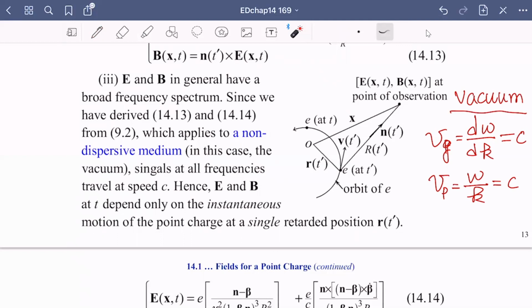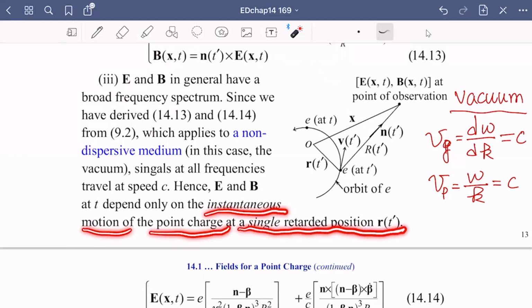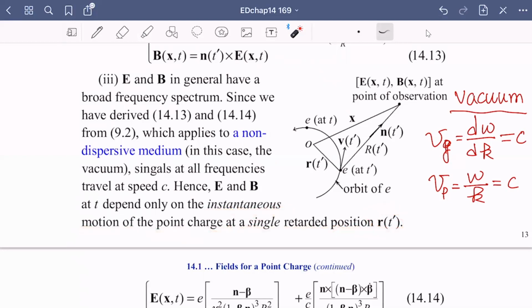OK, 这是因为这两个 special case. And E and B at t depend on the instantaneous motion of the charged particle at a single retarded position. 只有在某一瞬间的速度。They depend only on the instantaneous motion of the point charge at a single retarded position.